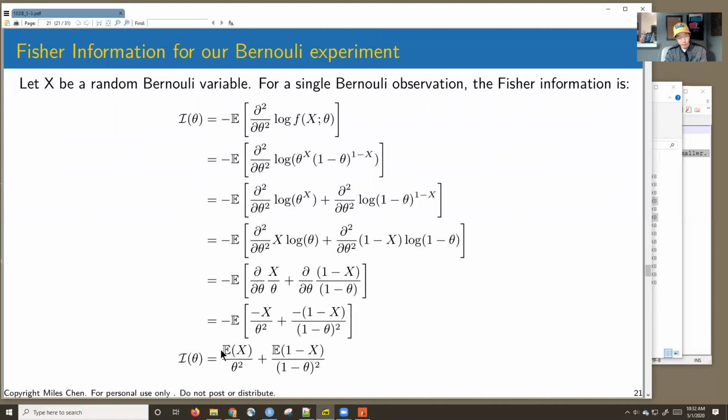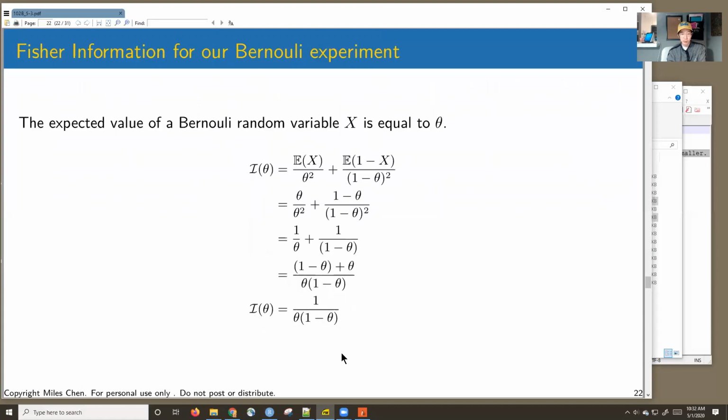And so the Fisher information is going to be the negative expectation of this quantity, and the negative gets distributed, so I get the expectation of x and the expectation of 1 minus x. All right, so what is the expected value of x?